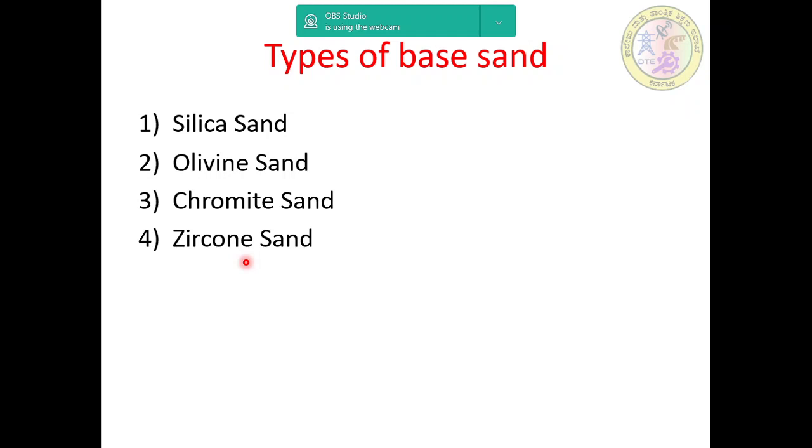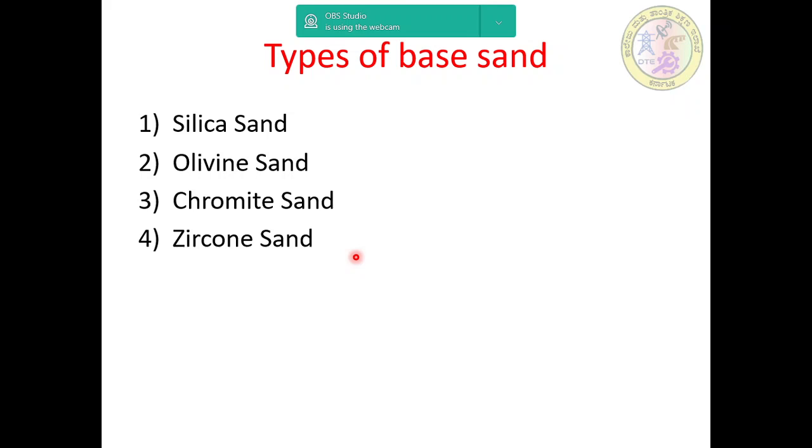The last type of base sand is zircon sand. Here zircon, or zirconium silicate, possesses the most stable thermal properties of all the above discussed sands. The choice for this type of sand arises when very high temperatures are encountered and refractoriness becomes a consideration.